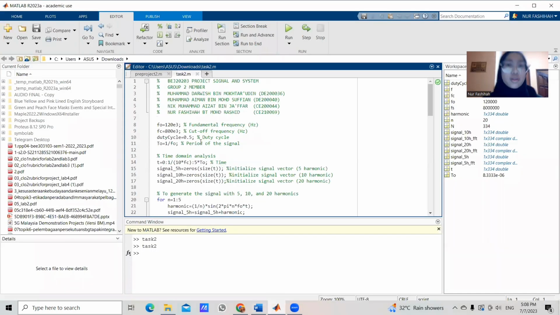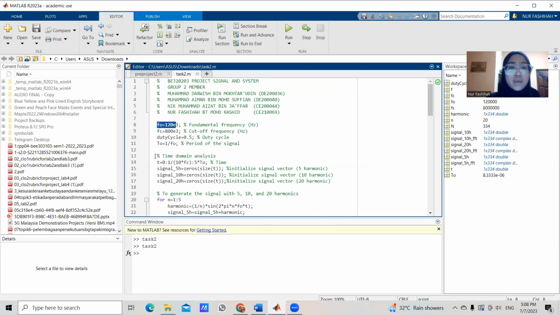Okay, this is our simulation for the F naught, 120 kilohertz for the fundamental frequency, and for the FC cutoff frequency, our value is 800 kilohertz, and our duty cycle is 0.5. And for the period of the signal, T naught equals 1 per F naught.